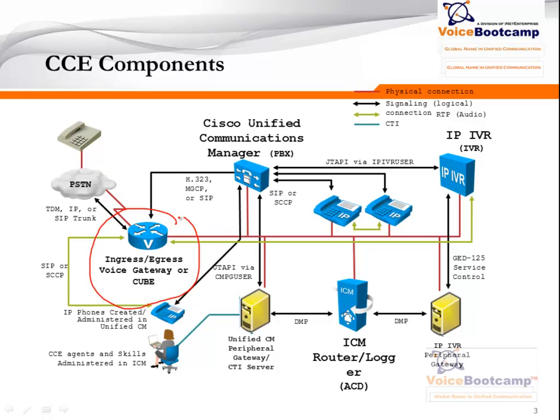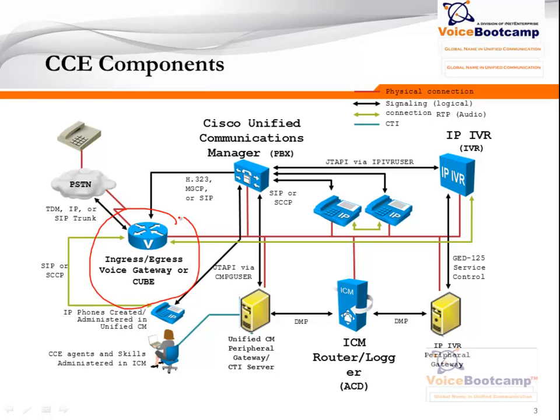As SIP trunking is becoming very popular, the use of the latest technology is becoming more and more common. Now, when you use SIP trunking, the gateway should have a special feature from Cisco called CUBE, or Cisco Unified Border Element. We'll talk about CUBE a little bit later.